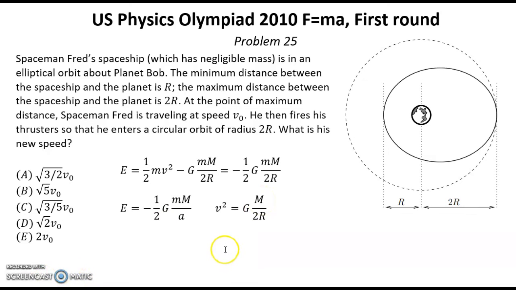And now we can just write simple equations. First, we already found that v² equals GM over 2r, where v is the speed we need to find.